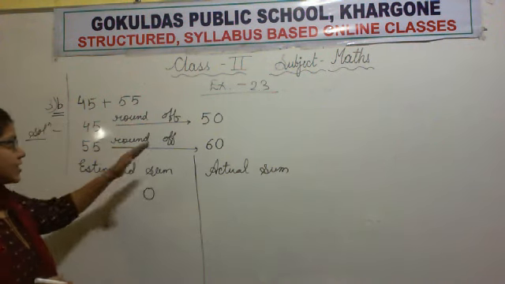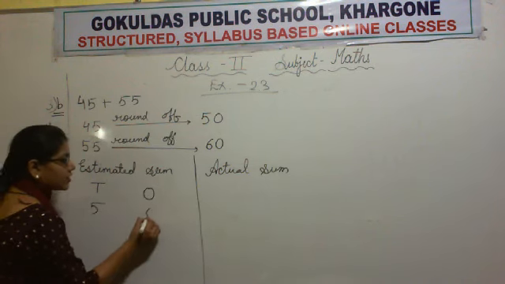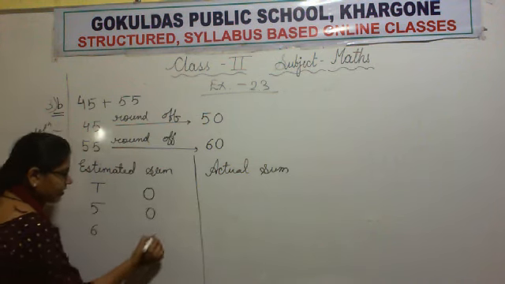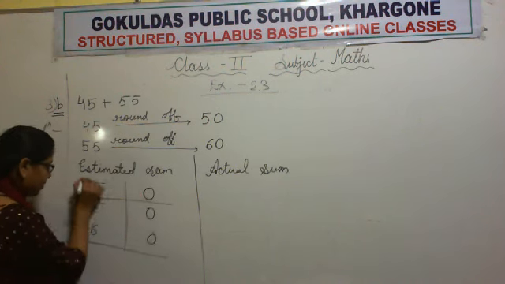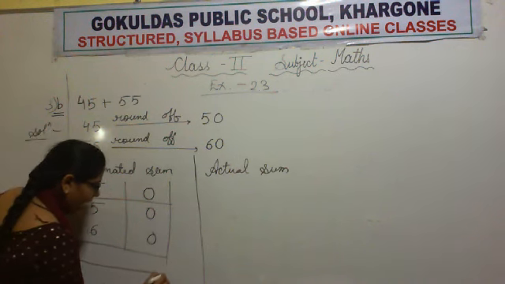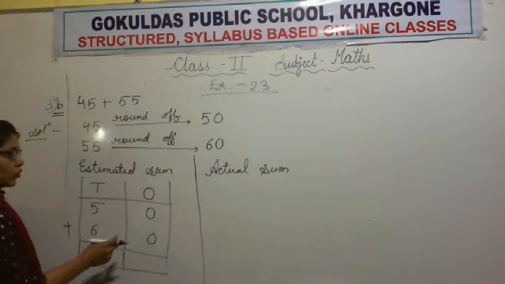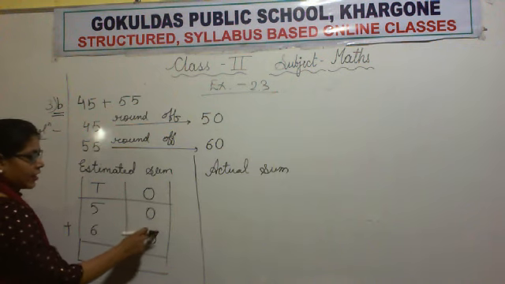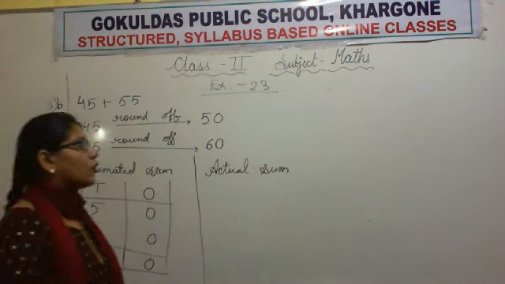First of all, the estimated sum by the estimated values. The first addend is 50, the second addend is 60. Write ones below ones and tens below tens. Be sure to remember it. Do not make the table by running hand. Do use a scale. 0 plus 0. Very good. 0. 5 plus 6.